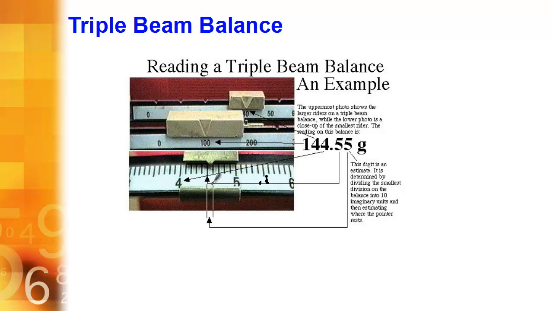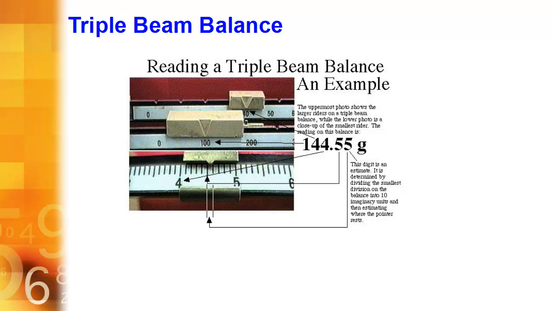Remember, the scale should give us 2 decimal places. 144.5, and it's halfway between, 144.55. Okay? So that's kind of tricky. That's something people aren't real used to, and so you're going to need to do some practice with that.